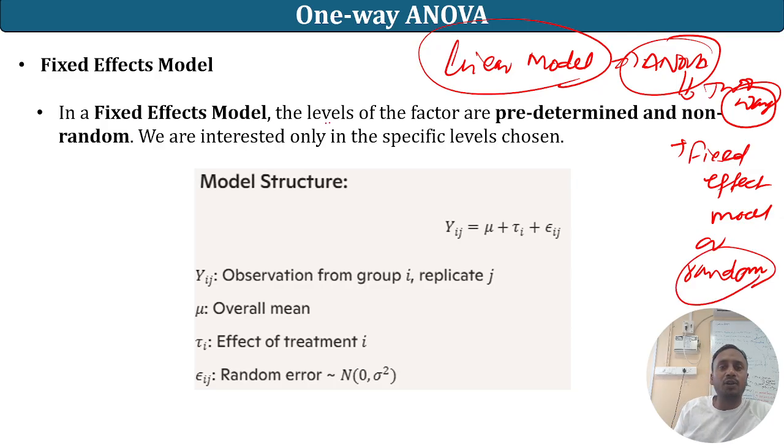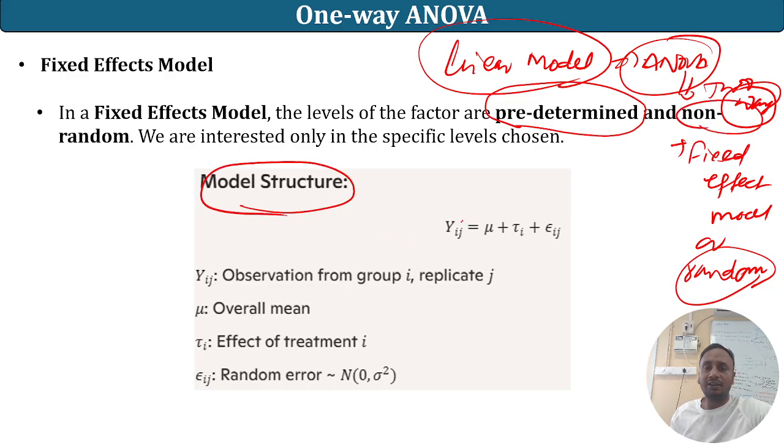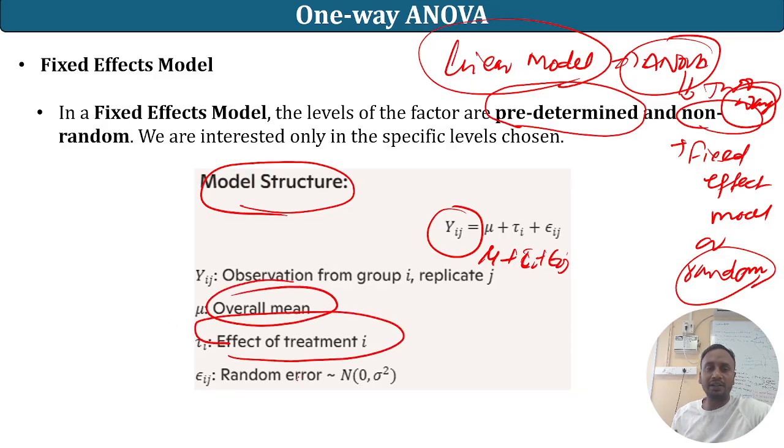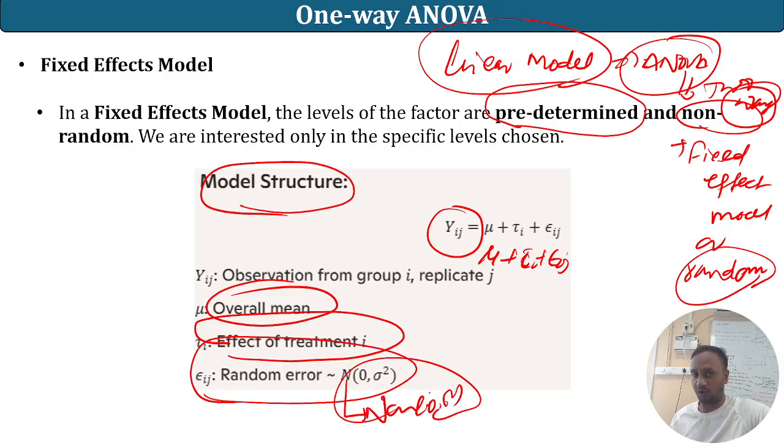In the fixed effect model, the levels of the factor are predetermined. The factor is not going to change up and down; it's non-random. In that case, the model structure will be yij = mu + tau i + epsilon ij. Mu is the overall mean effect, tau i is the effect of the treatment, and epsilon ij is the random error. The random error is normally distributed with zero mean and variance sigma square.